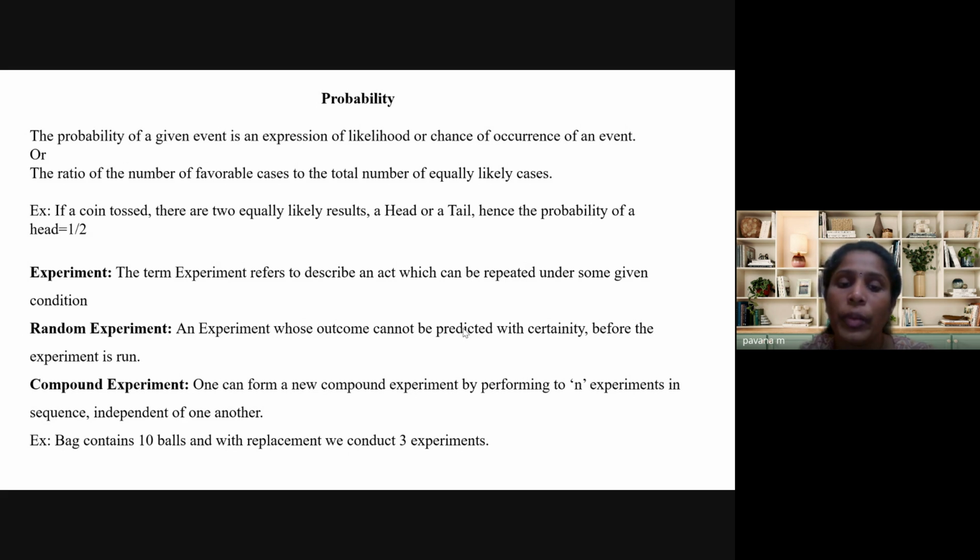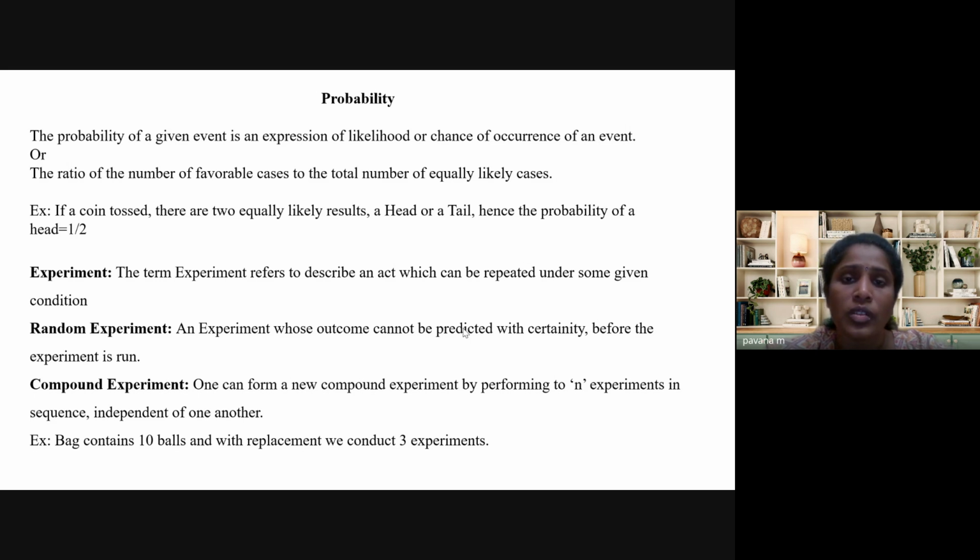That means we repeat that particular act under certain conditions, and that type of act is called an experiment. Suppose you are tossing a coin, then the condition is that it can't be biased, and the coin must be placed in the right position.